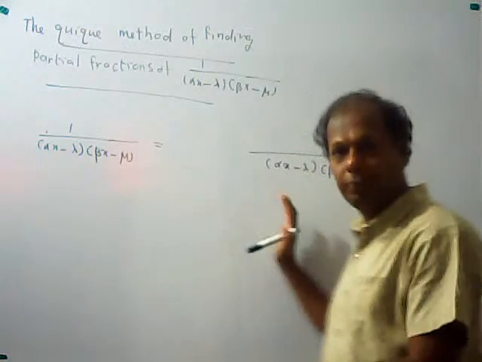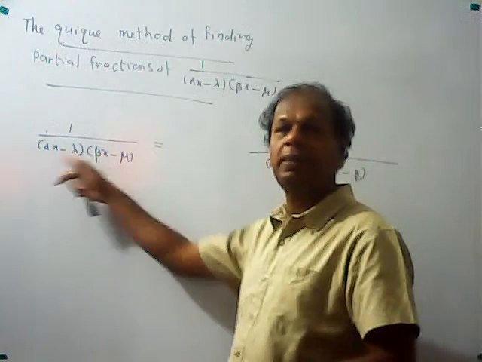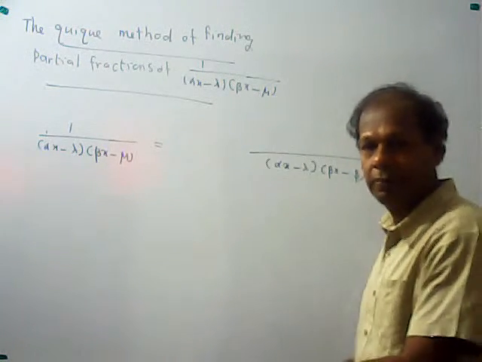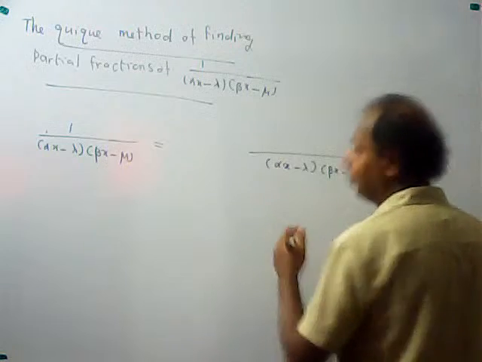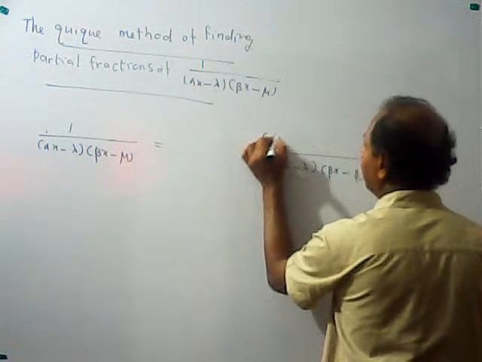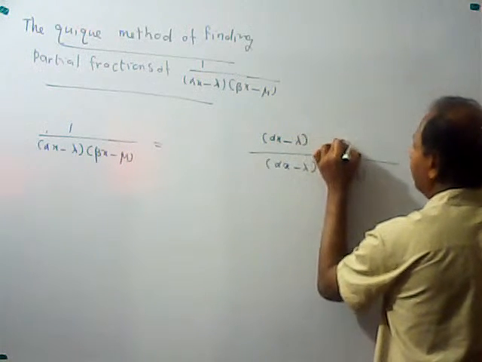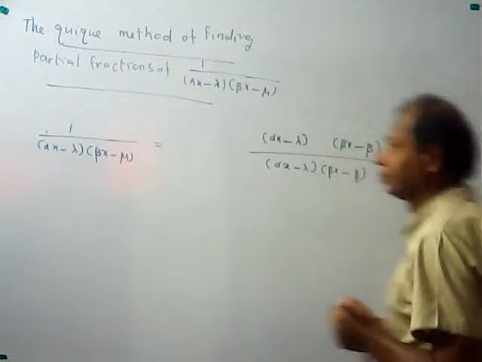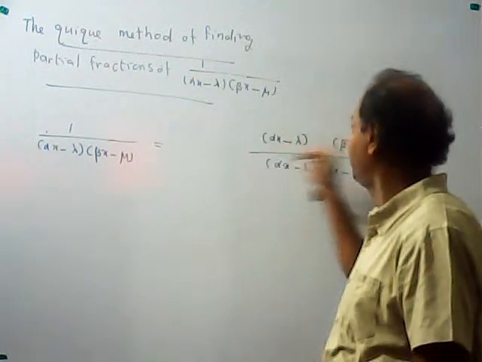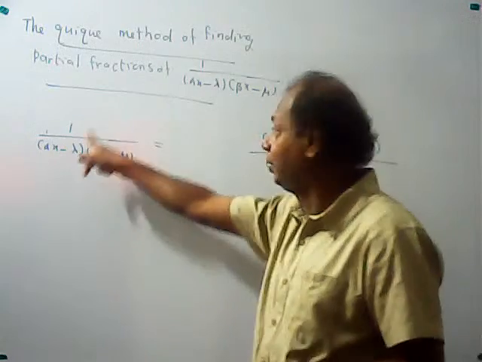Denominator we wrote without any change, and the same pair of factors we write again in the numerator. The same pair of factors we wrote in the numerator, but now we are writing this equals this.